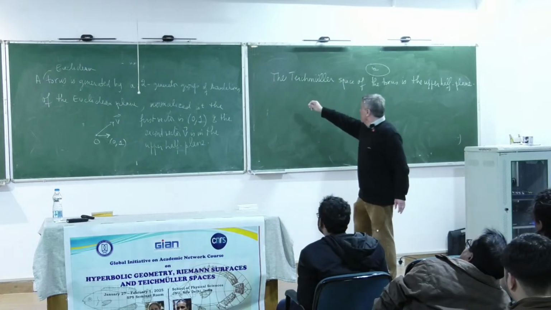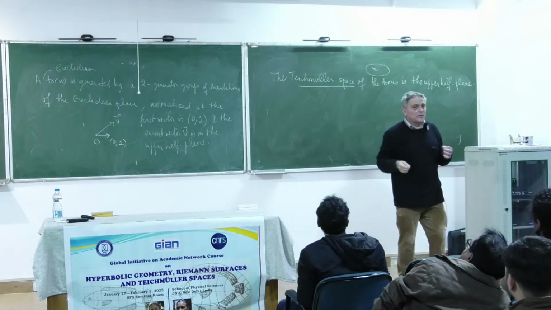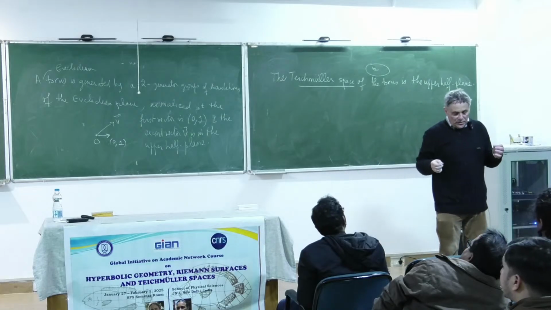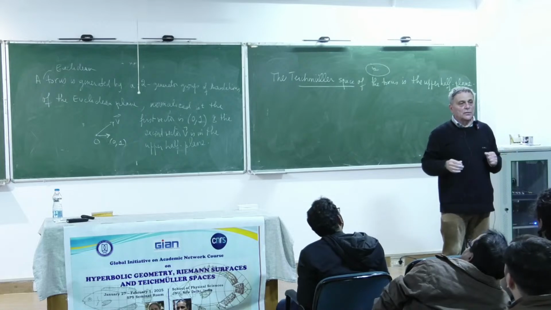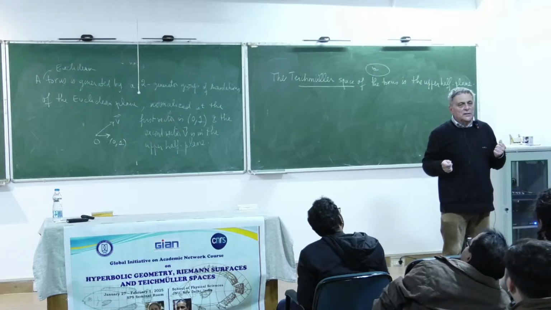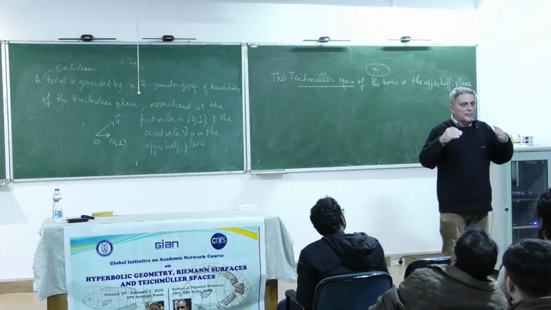We talked about Teichmüller space. You have a rough idea now of what it is. It is a space of metrics, the space of all Euclidean metrics on the torus. And the upper half plane reminds you of the model for hyperbolic geometry, right? We said the disk model and the upper half plane model.